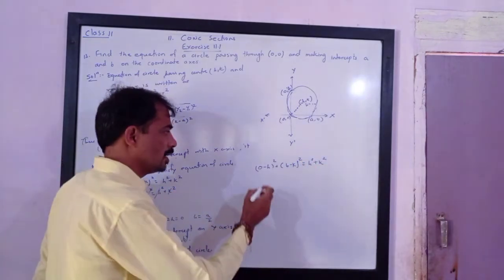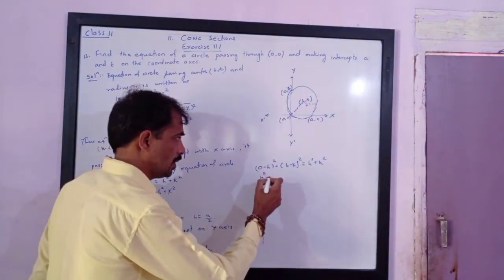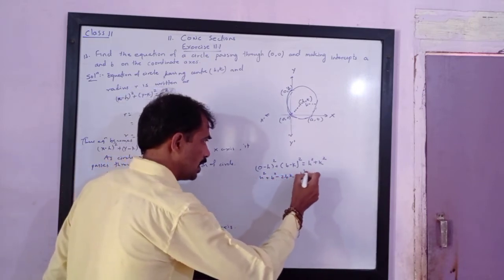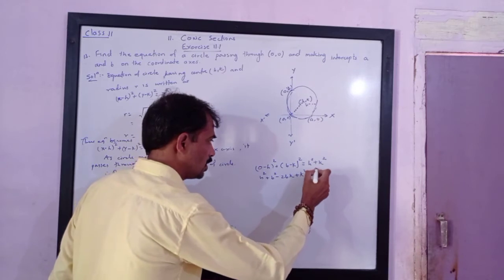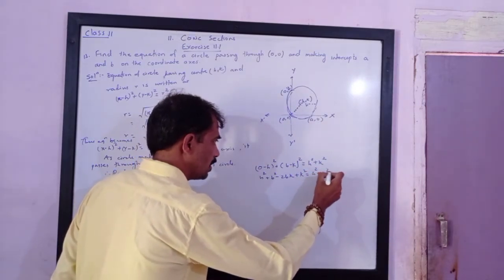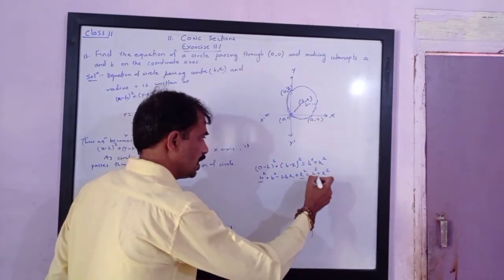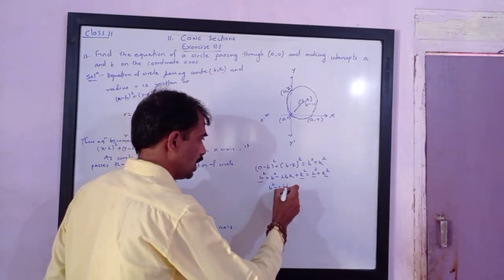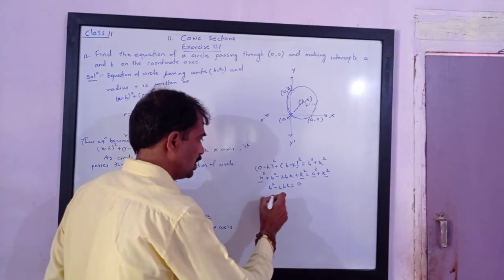So if you expand this, you will get h square plus b square minus 2bk plus k square is equal to h square plus k square. Now please note, this h square and k square cancel. We have b square minus 2bk is equal to 0.